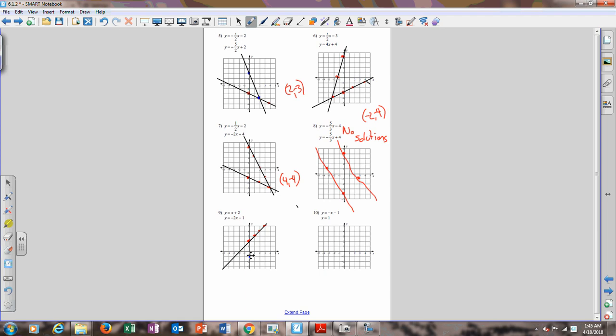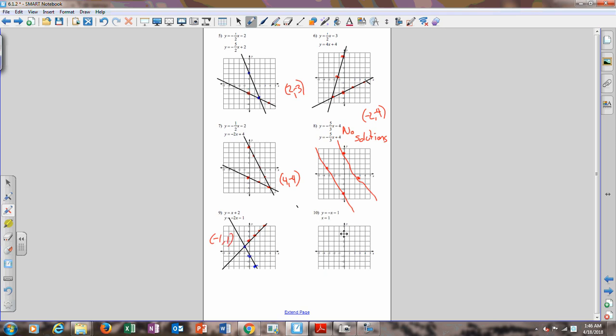Go down 1, make a dot. From there you go down 1, right 1, make a dot. Or up 1, left 1, make a dot. Draw a line between those points. That is at (-1, 1).